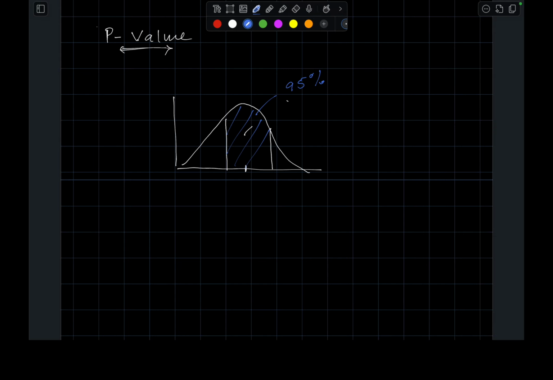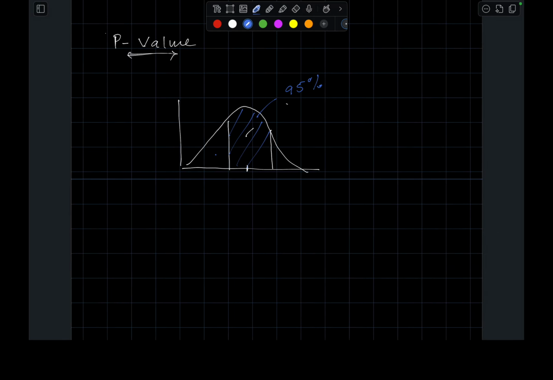Then anything which is less than or greater than this area, if it is a symmetrically distributed part, then this part will be having 2.5%, and this part again will be having 2.5%.